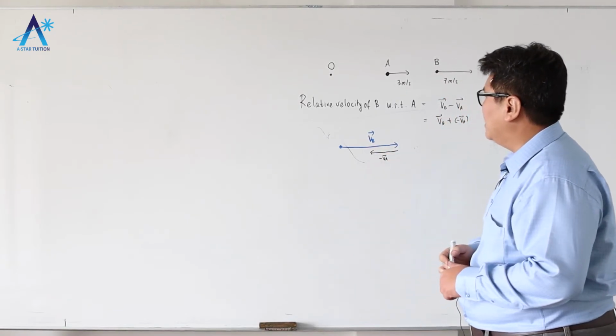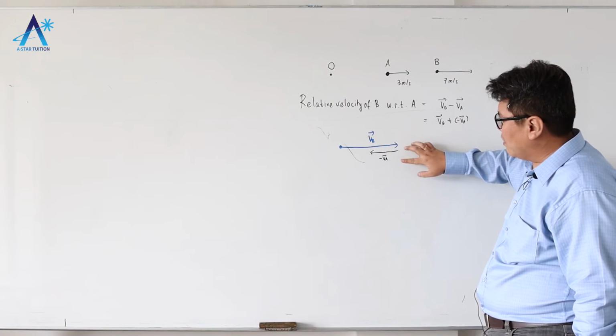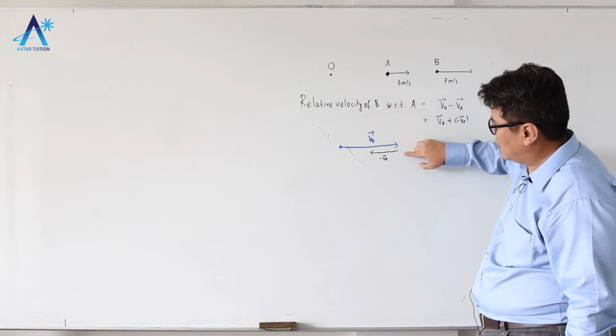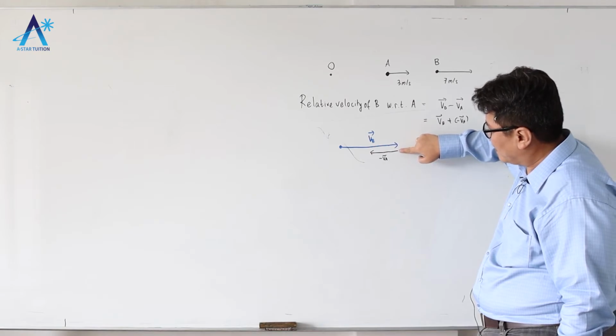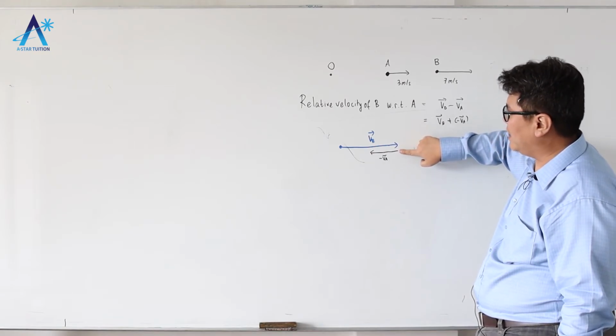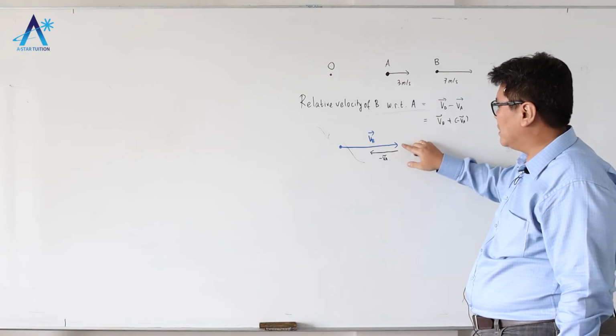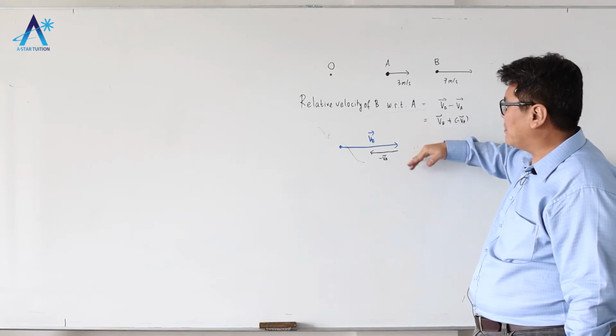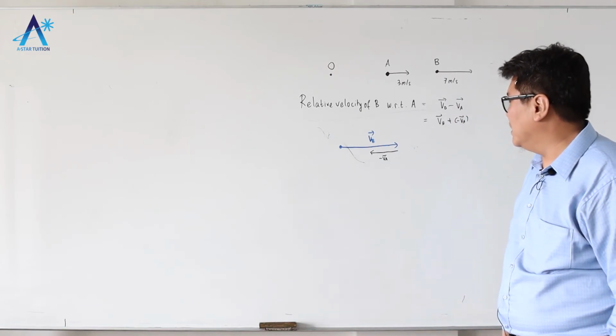You need to assume that the tail of minus VA overlaps with the tip of VB. Again, the separation is so that you can see it clearly.